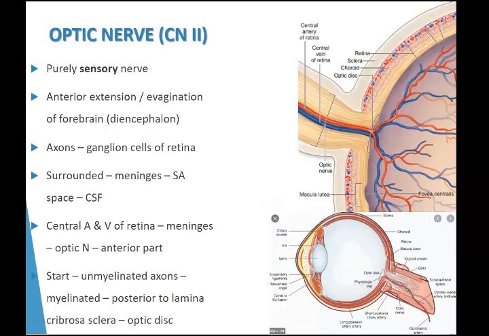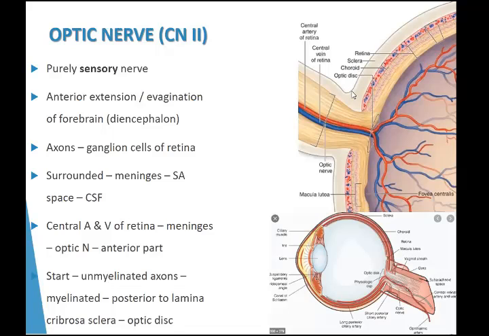Purely sensory nerve, ठीक है, और इस nerve, this arises from the retina, innermost layer, ganglion cell layer से कि जो axons हैं, they make up this optic nerve. ये innermost layer है, sclera, choroid, retina, from outside in. So from the innermost layer, it pierces the choroid, it pierces the sclera, and goes out. This is how the optic nerve is formed.